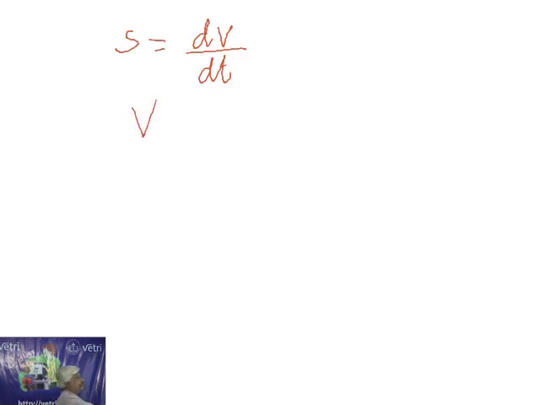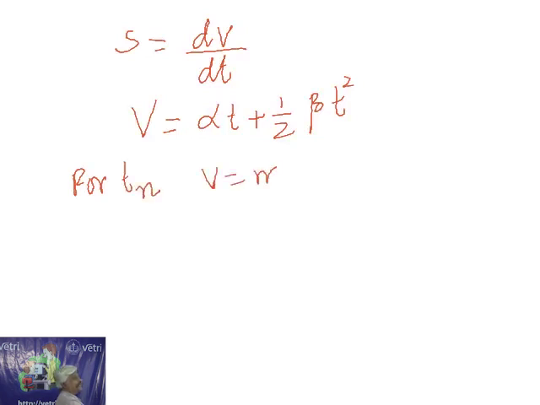Therefore, we know V equals alpha T plus half beta T square. From the graphical value, we know that at the neutral temperature the thermo EMF value is maximum. That is a point to be noted. So when the temperature reaches the neutral temperature, the thermo EMF value is maximum. Be careful. Suppose I differentiate this equation, what happens?